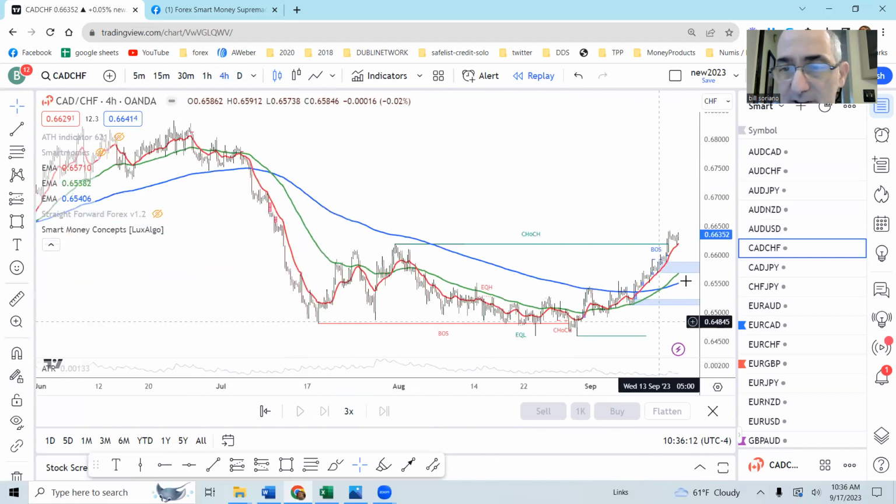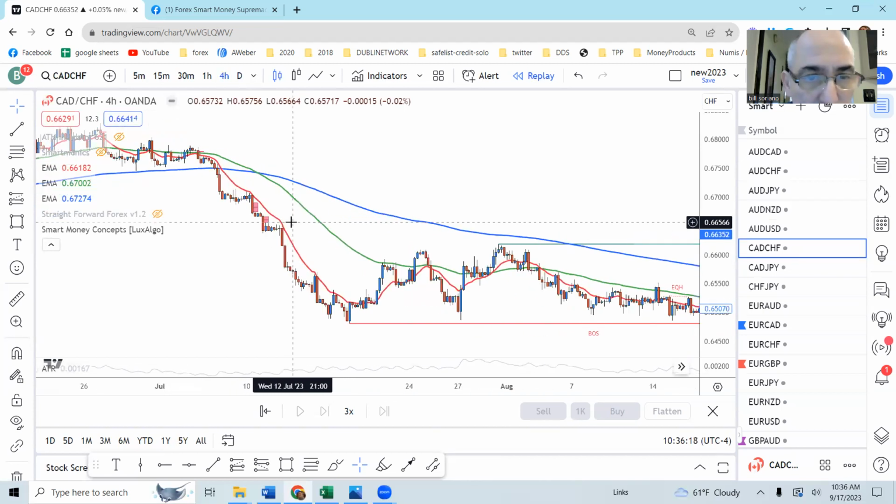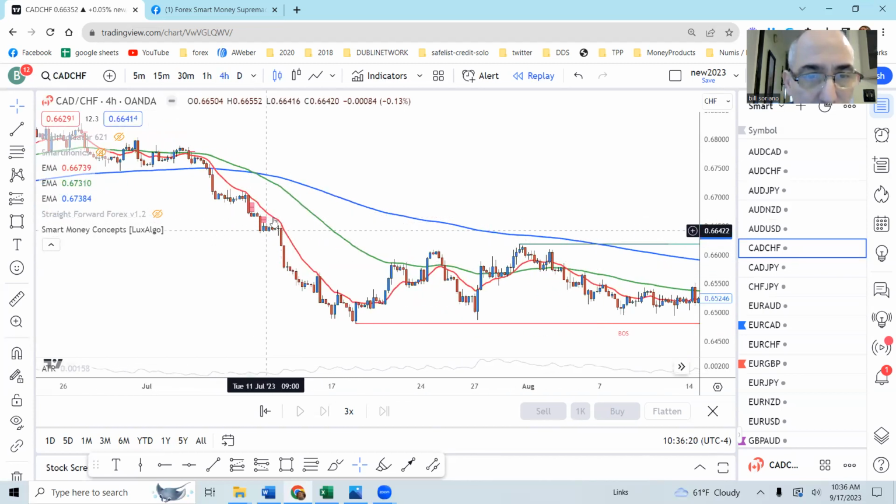Of course, the indicator is giving us order blocks to buy from, which we don't want. We look in this area right here. I kind of like this area up here because we have a nice engulfing candle here. But we also have this area in here and a nice engulfing candle here as well.